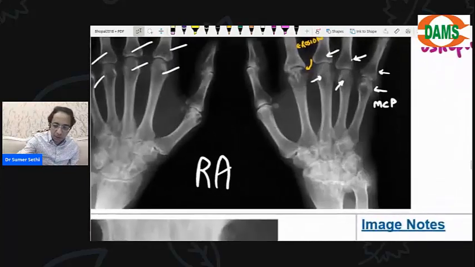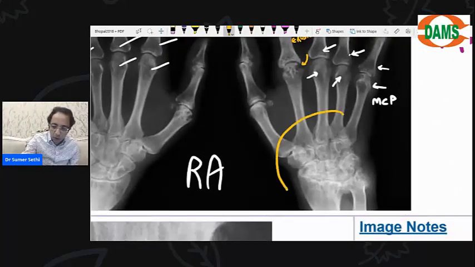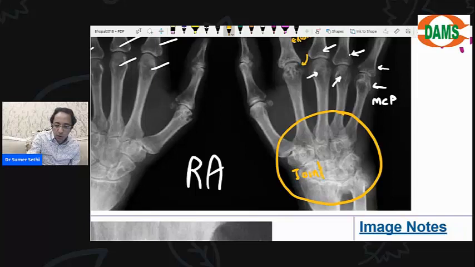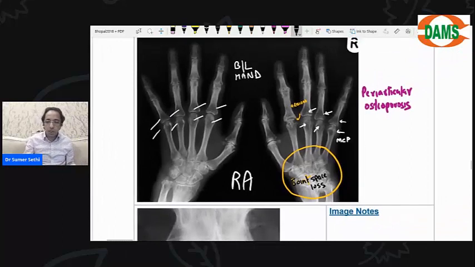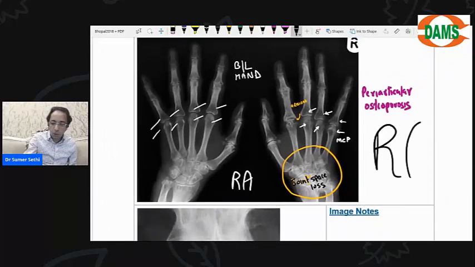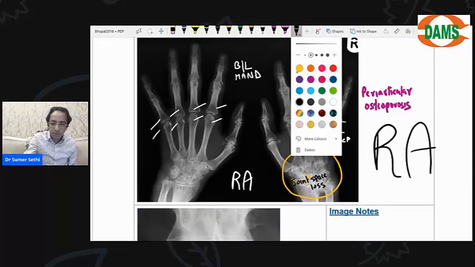And you can even appreciate, if you take a closer look, the carpal bones are appearing crowded here because there is joint space loss. Remember, the intercarpal joint space is lost. So this is how you identify an inflammatory joint disease. This is an X-ray of rheumatoid arthritis.